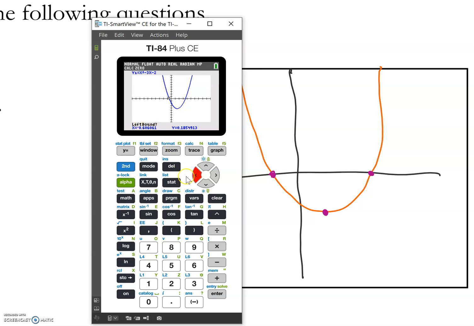When I see that question, that means go to the left of the point that you're interested in. So I move my little blinky dot just a little to the left of this x-intercept and hit enter. Now I'll go back to my x-intercept and I see the question right bound, which means I'm going to take my little blinky dot and move just a little to the right of that x-intercept, hit enter.